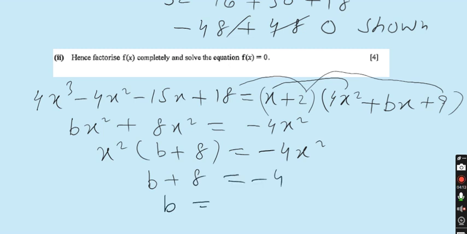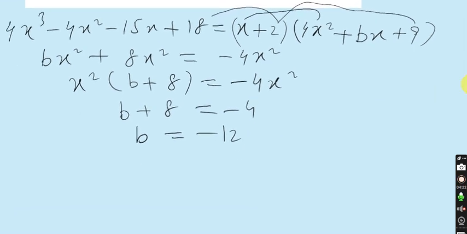So b is equal to negative 12. Put this value of negative 12 in the quadratic factor: x plus 2 into 4x squared plus bx, b is negative 12x, plus 9.